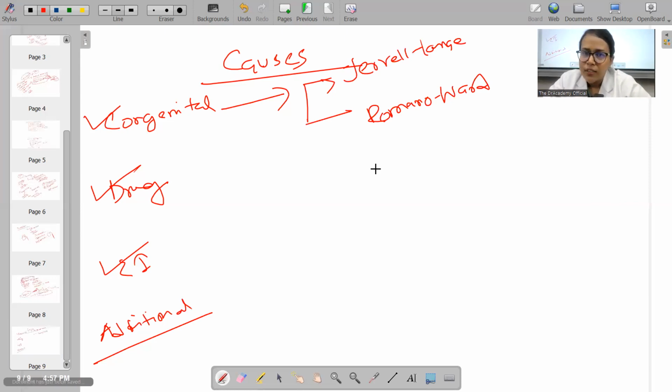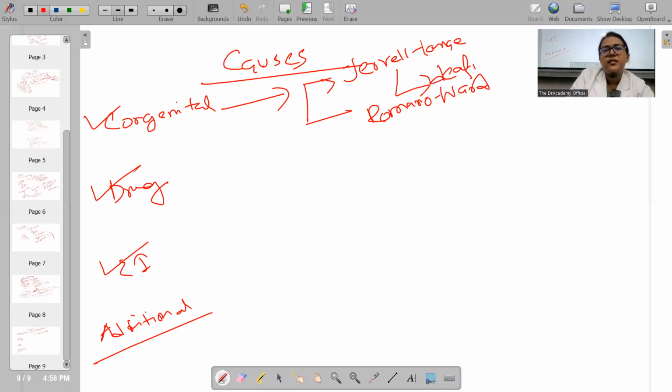If there is a genetic mutation, these congenital abnormalities can take place, and they are prone to developing polymorphic VT, torsades de pointes, or long QT syndrome. In Jervell-Lange-Nielsen, the characteristic finding is deafness along with the cardiac conduction abnormality. In Romano-Ward, there is no deafness. How I used to remember: the term Romano-Ward ends with D, which is why there is no deafness.